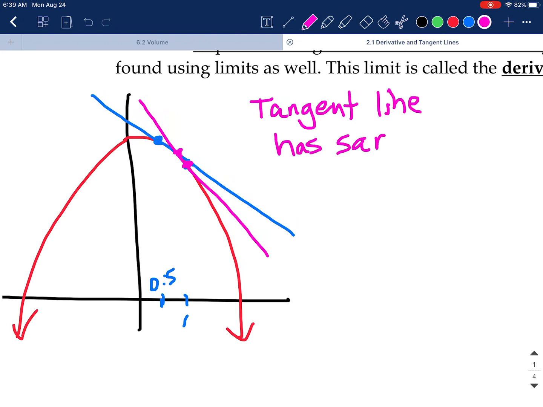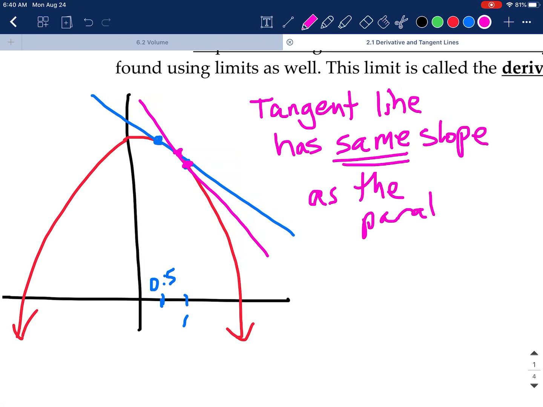and the importance of the tangent line is that the tangent line has the same slope or rate of change as the parabola at x equals 1. So that approximation that we did gave us the exact slope at that point, which I think was -2 for that particular curve.